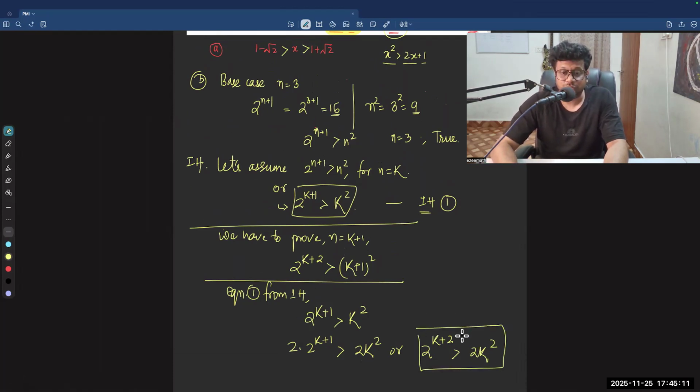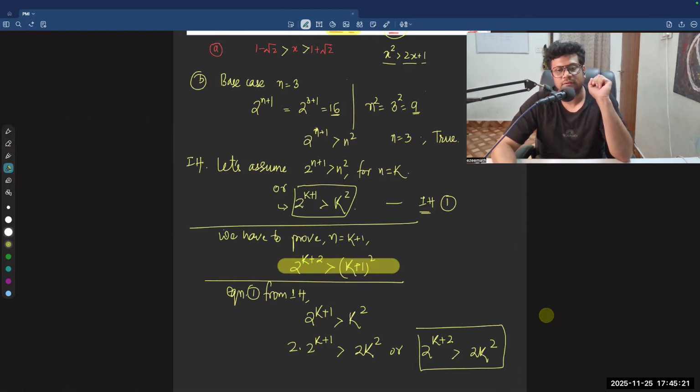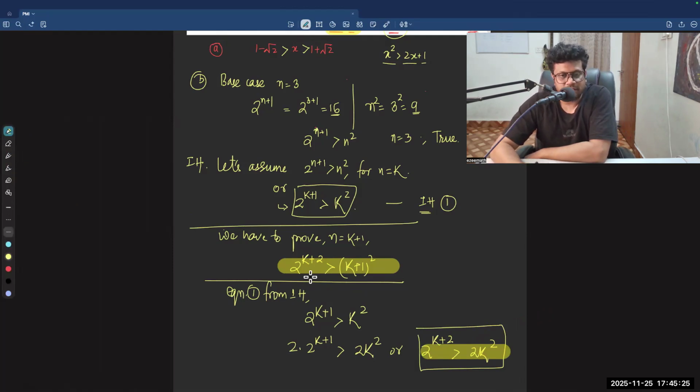Okay, that's a truth which comes from my inductive hypothesis, but that's not what I want. I want this when I have that. This should be greater than this, and this is greater than that. So let me open up a new blank page, and from there we'll go.